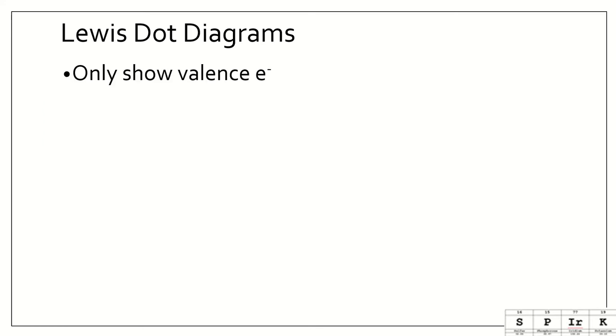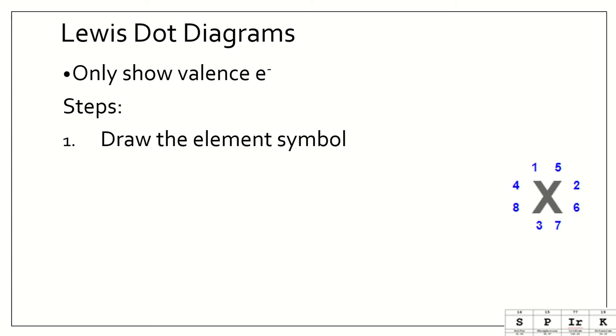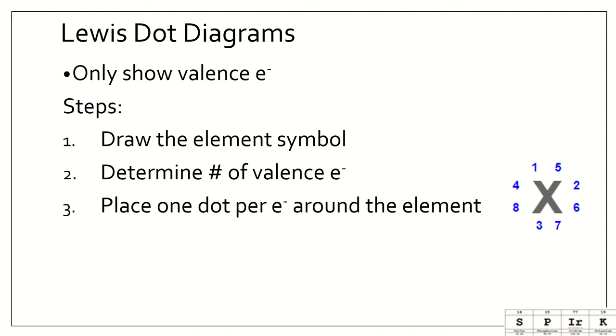So again, these only show the valence electrons, and there are very simple steps to draw these. The first part is you draw the element symbol, so that's denoted here by that giant X. Then you determine the number of valence electrons that element has, and then you place 1 dot per electron around the element. Now, you'll see here that there's a counting sequence that starts here. It says 1 on top, then 2, 3, 4. Then we go around again, 5, 6, 7, 8.